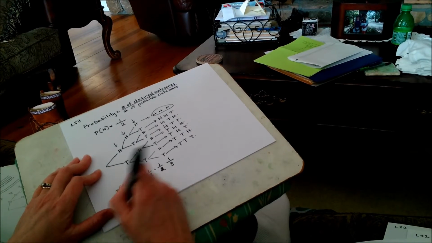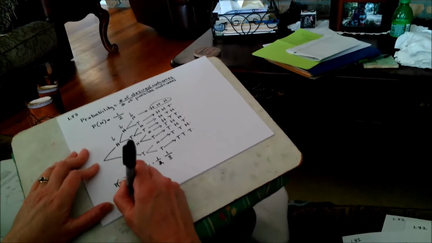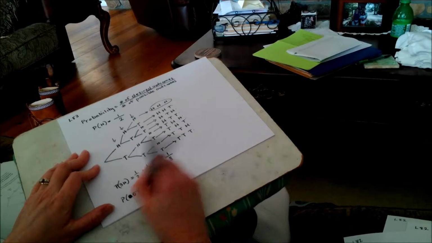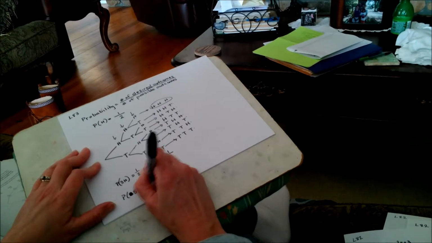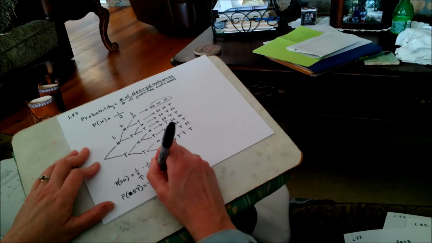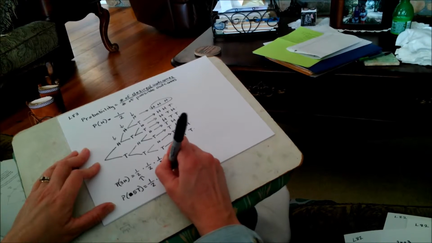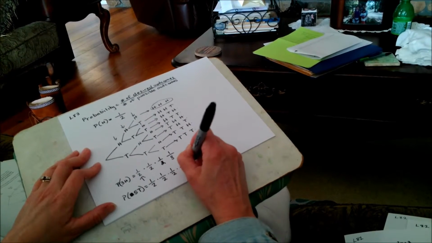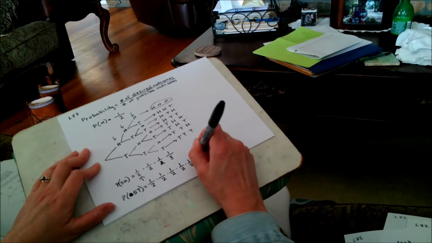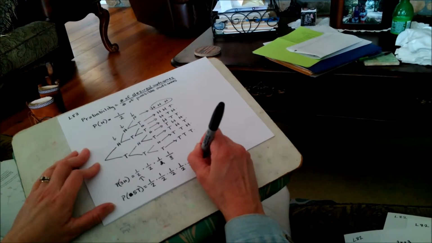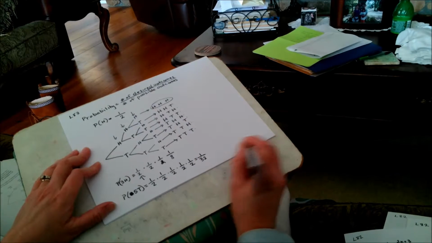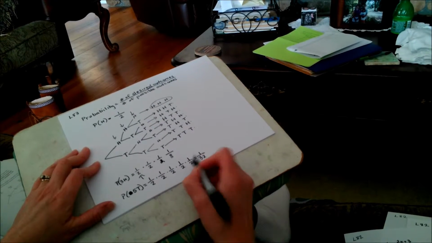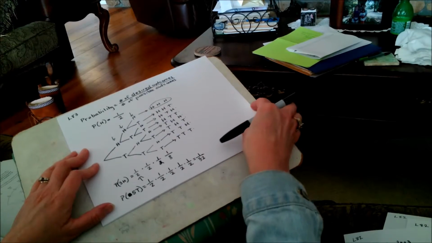If I want the probability of 5 tails in a row, that's going to be 1/2 for the first flip, 1/2 for the second, 1/2 for the third, 1/2 for the fourth, 1/2 for the fifth, and that's going to be 1/32. 2 times 2 is 4, times 2 is 8, times 2 is 16, times 2 is 32.